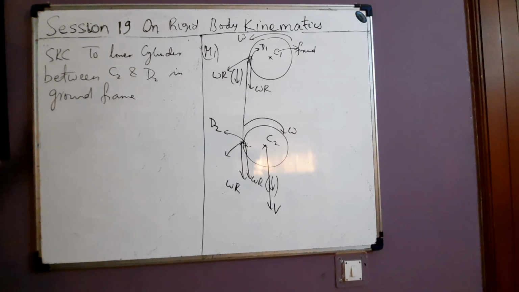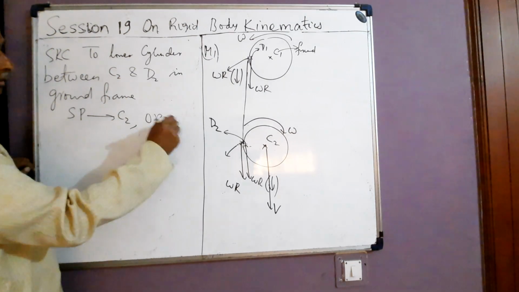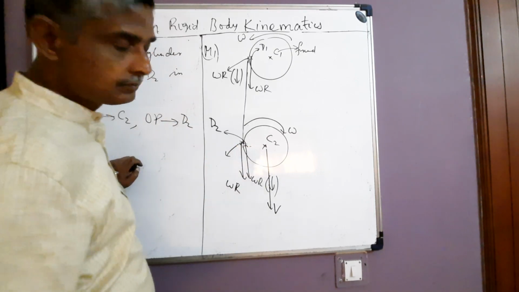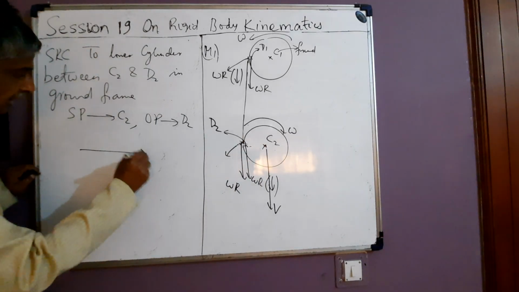So SP arrow C2, OP arrow D2. Then you draw the line joining C2 and D2, whose orientation is the same as in the problem, it is horizontal. So I draw the horizontal line C2 D2.